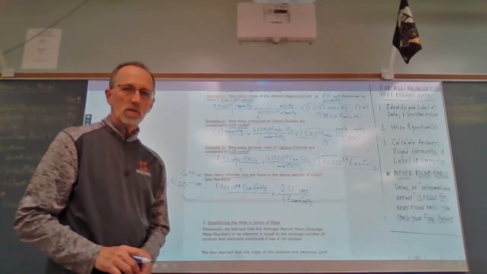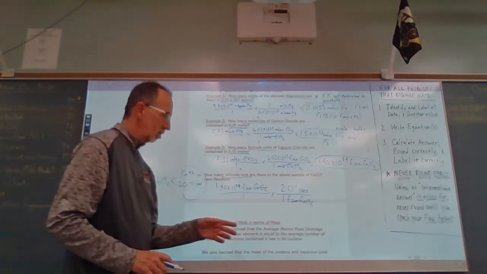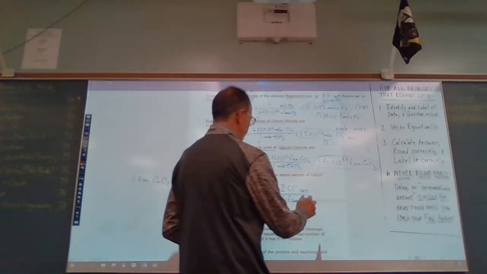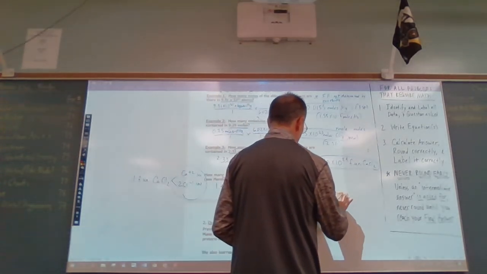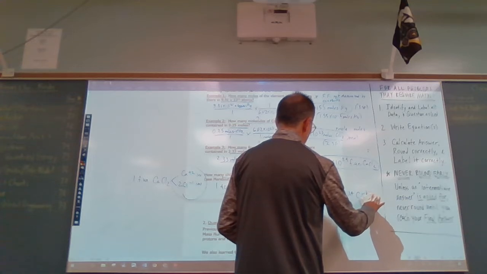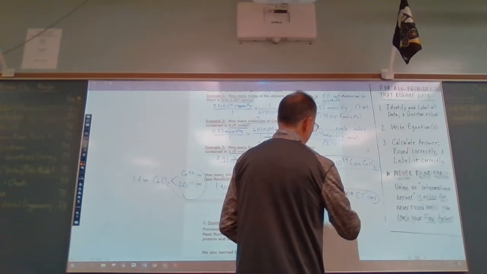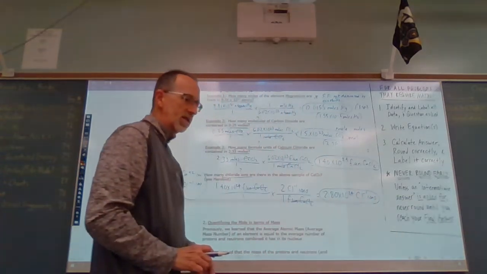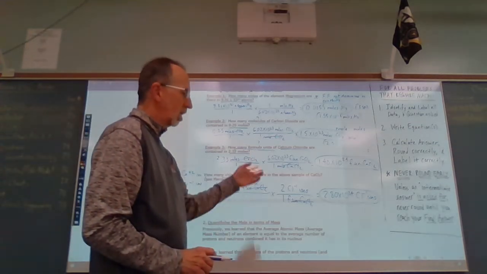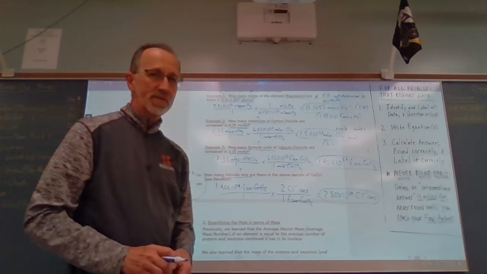For every formula unit, there are 2 chloride ions in that formula unit. And so this is just double. So there are 2.80 times 10 to the 24th chloride ions in this 2.33 moles of calcium chloride.